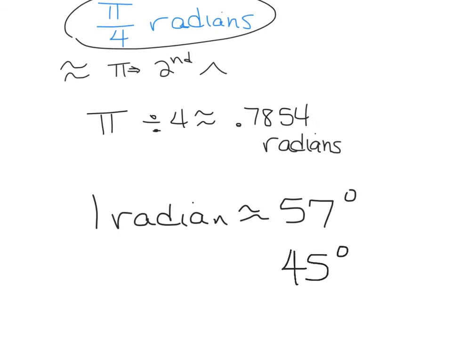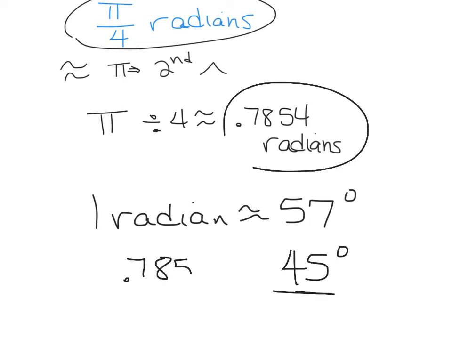And if I see that 57 is 1 and 45 is a little bit less, then my answer here of 0.78 is reasonable, because 0.78 is a little bit less than 1. And so is this a little bit less than 57. So my answer of 0.7854 is a reasonable answer. So again, you should use the 57 degrees as a reference point for you to make sure your answers seem reasonable.